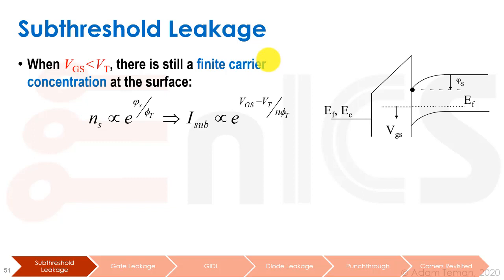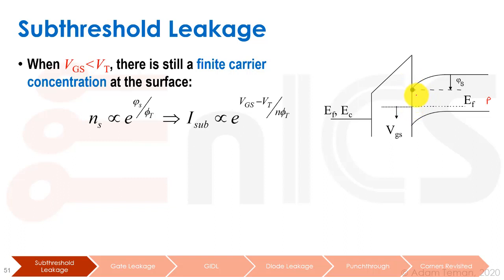Okay, so as usual, there are many different ways to look at and describe these different phenomena, and I'll mention a few of the ones that are commonly used. So basically, one of them is that when VGS is smaller than VT, there is still a finite carrier concentration at the surface. So generally, we said that when we're in accumulation, if this is a p-type substrate, we have very few electrons at the surface of the semiconductor.